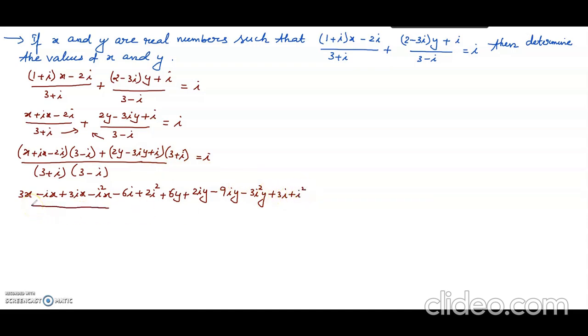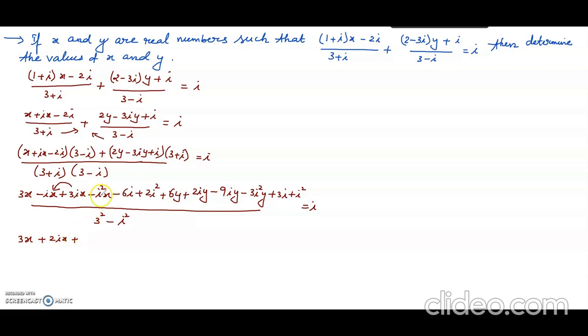So the whole denominator is in the form of a plus b into a minus b, which is again a square minus b square, equals to, remember we have i on the right side. So now what we can do, we will see 3x. Here we have 3ix minus ix, so we can write 2ix.